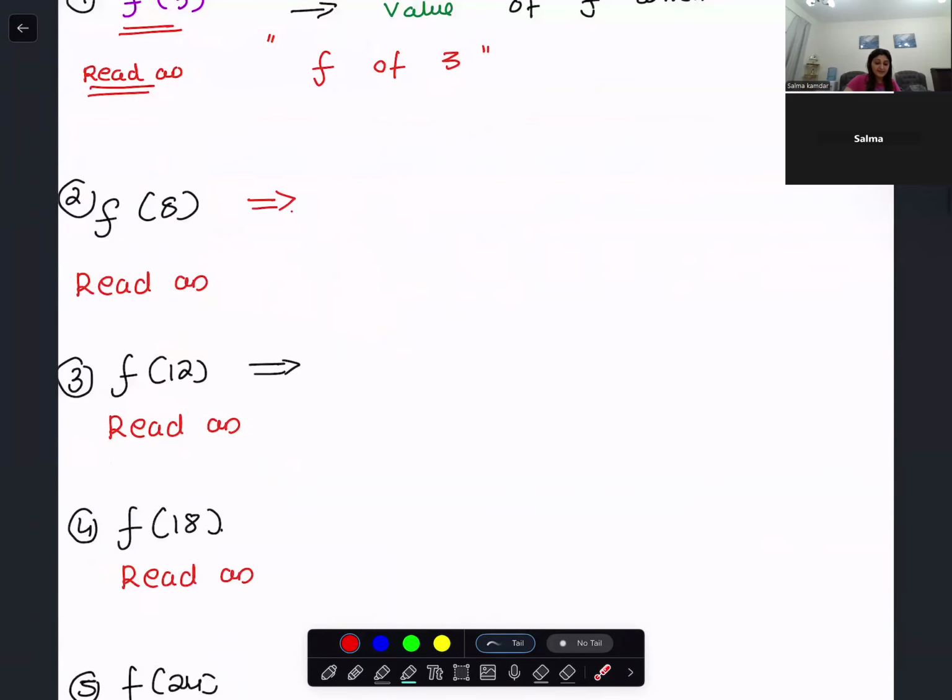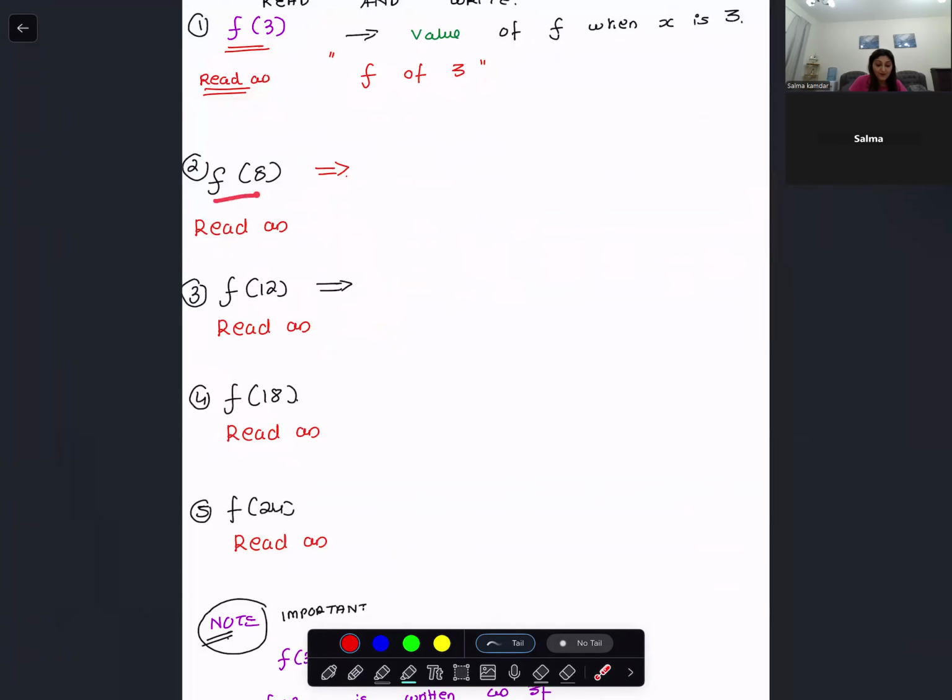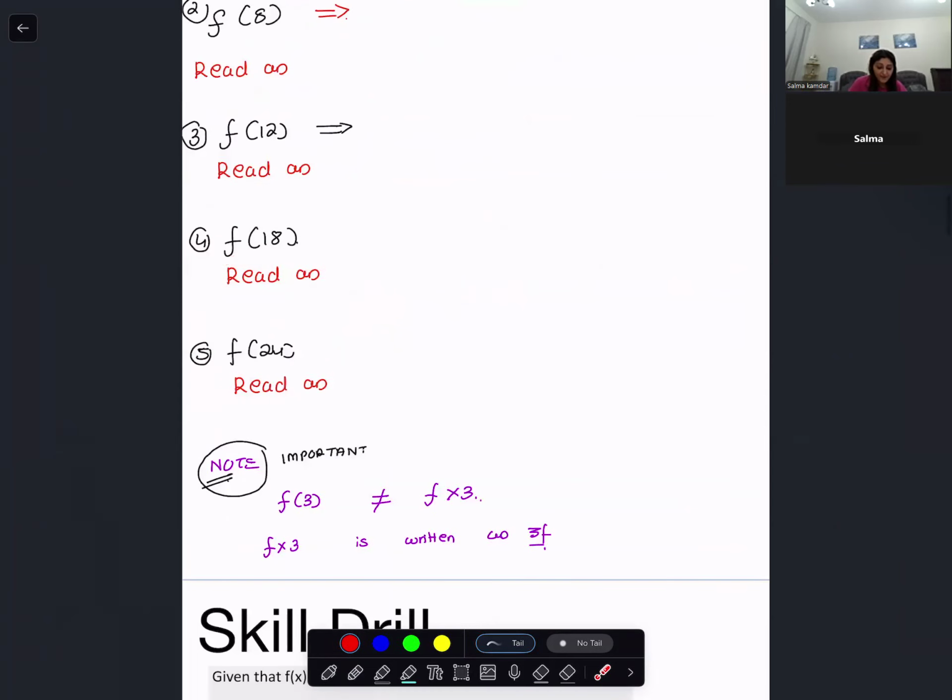So I've given you some examples that I want you to write. f of 8 means the value of f when x is 8. f of 12 means the value of f when x is 12. f of 18 means the value of f when x is 18. f of 24 means the value of f when x is 24.